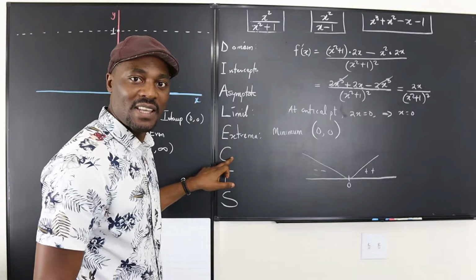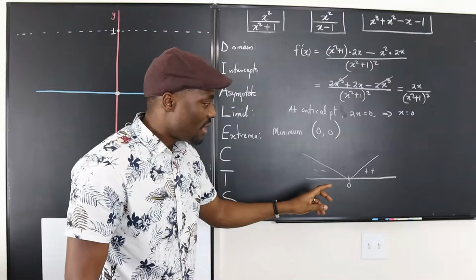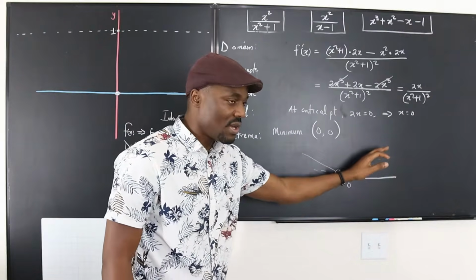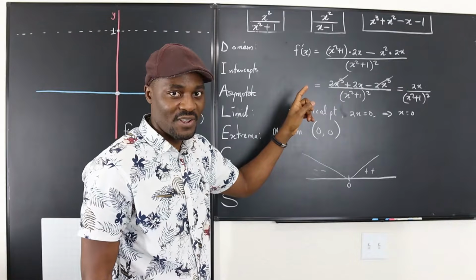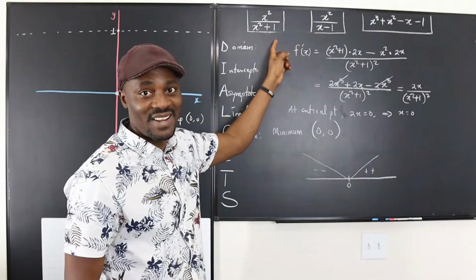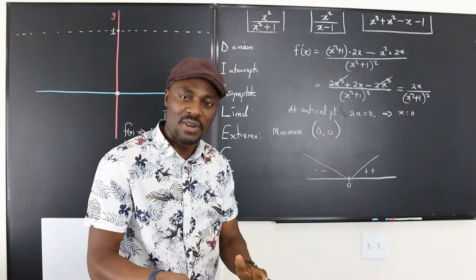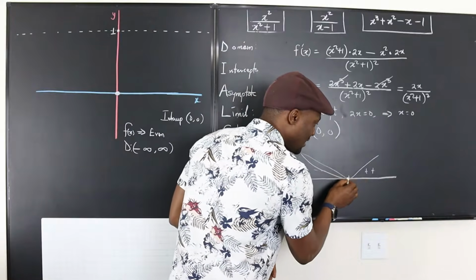Concavity just tells us the way our curve is going to go. Is our curve going to be straight lines? Well, we know this is not a straight line. It's not a linear function. Okay, a linear function would be y equals mx plus b, but this is not it. So it's going to be a curve. We just want to know, will our curve be like this?